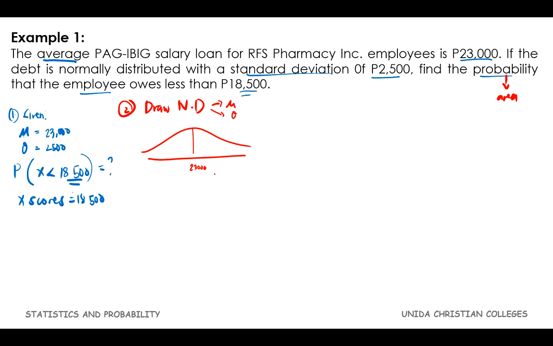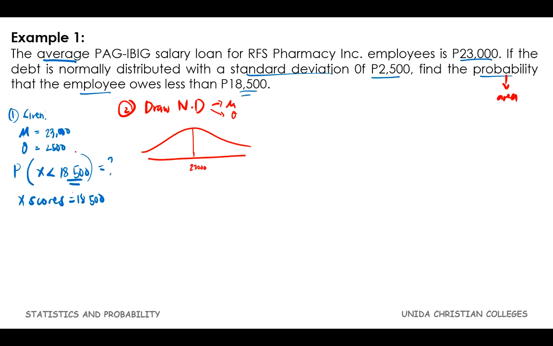Okay po? So, alam natin na ang distance ng standard deviation natin is 2,500 away from the mean. Dahil ang tinitingnan nating area is yung mas mababa sa 18,500, dito tayo sa left side. So, mas mababa tayo dun sa 23,000.